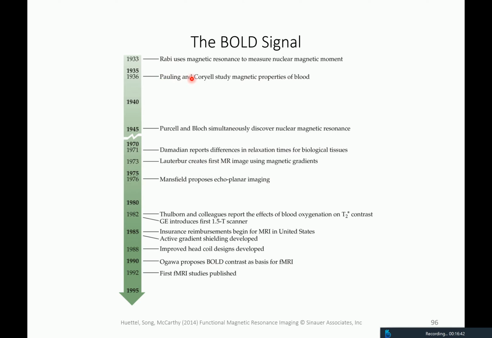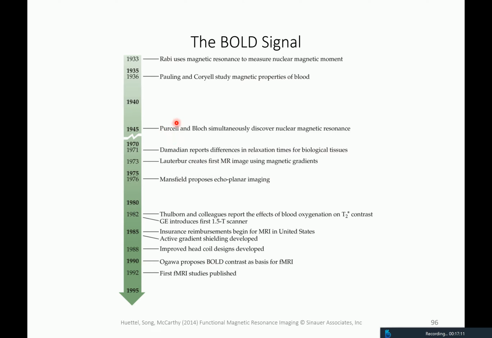He also did a lot of other things in terms of DNA, RNA business. They studied the magnetic properties of blood, so that deoxygenated and oxygenated blood have different magnetic properties. That was also seen in parallel with the development of magnetic resonance as a thing, of course, a long way before it was used for imaging.